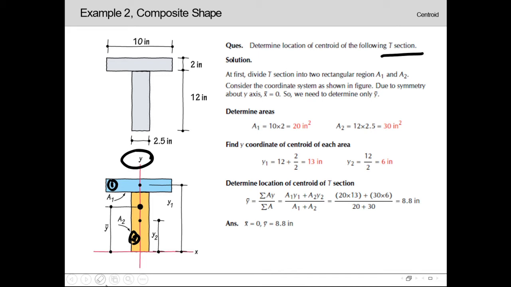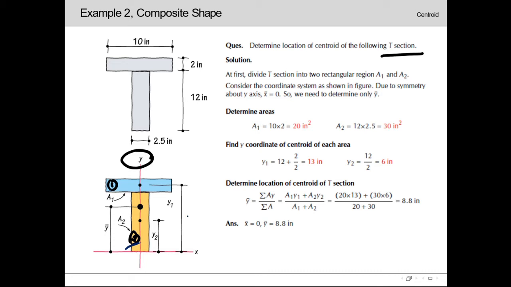Now we need to do the same thing we have done earlier. That means we need to locate the centroid of each of the segments that we had divided it into, segment 1 and segment 2.